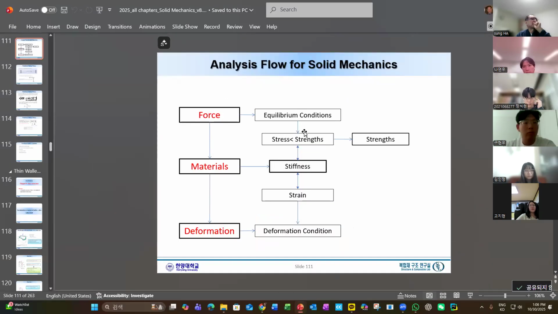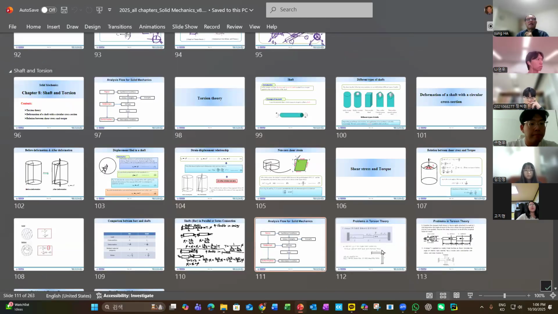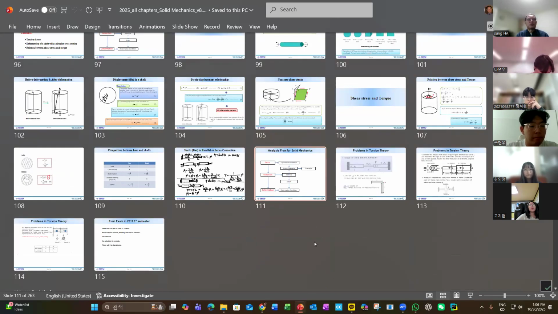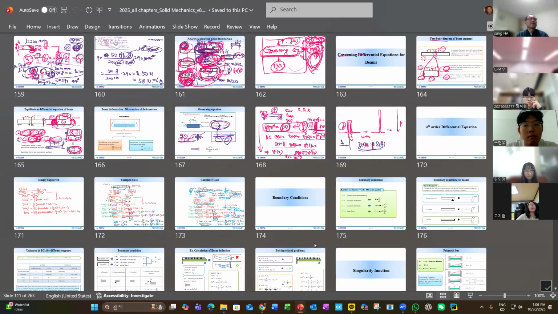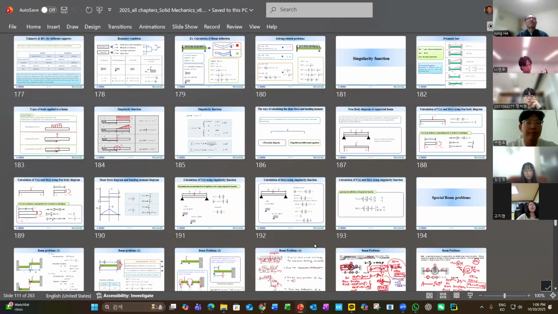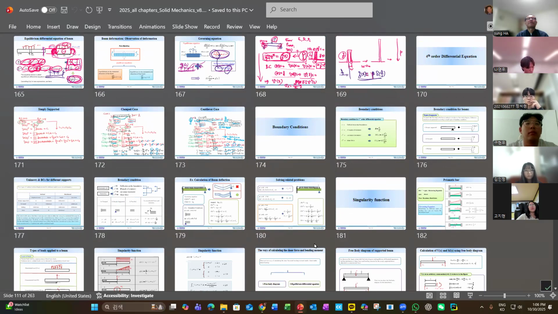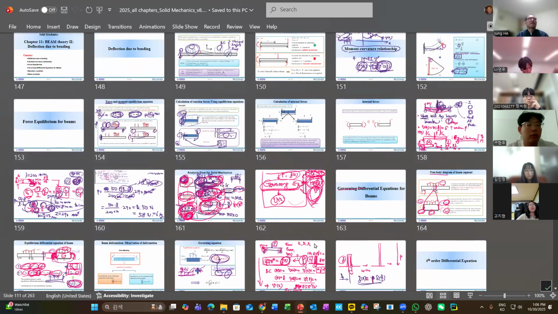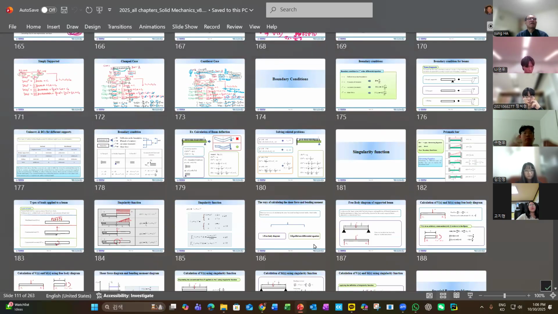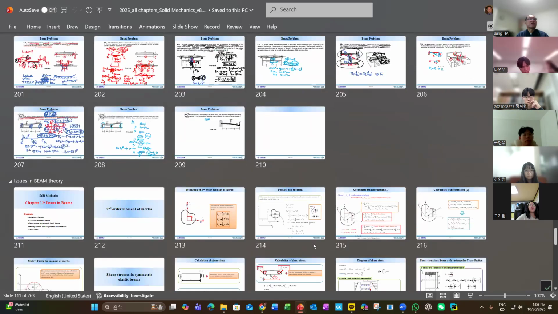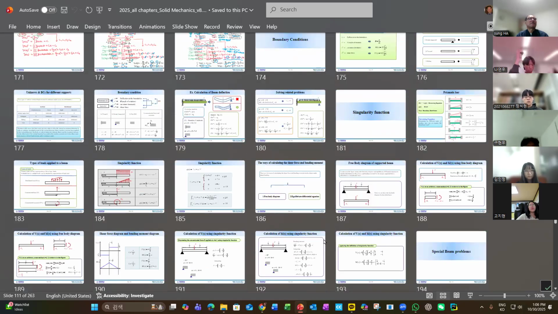We repeatedly emphasize the importance of understanding this 3+1 flow chart. Let's go to the beam theory. We can apply this 3+1 flowchart to the subject we are studying.